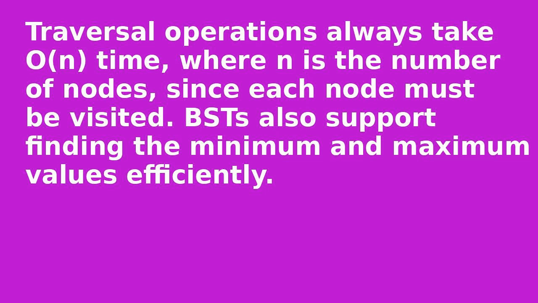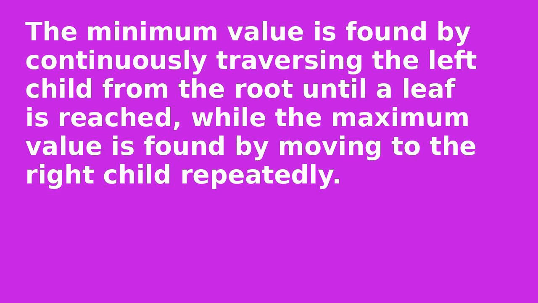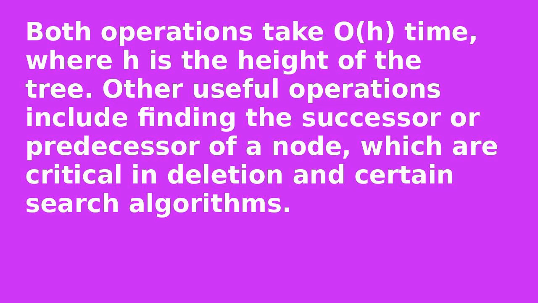Since each node must be visited, BSTs also support finding the minimum and maximum values efficiently. The minimum value is found by continuously traversing the left child from the root until a leaf is reached, while the maximum value is found by moving to the right child repeatedly. Both operations take O(h) time, where h is the height of the tree.